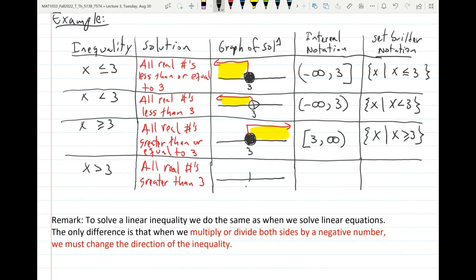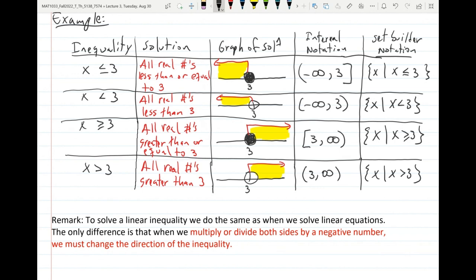And then the picture, here you have your 3, open circle, and go right. And you change that. So parentheses, 3 comma infinity. And remember, always parentheses around infinity, regardless of whether you include the endpoint or not. Infinity is always parentheses. Questions?